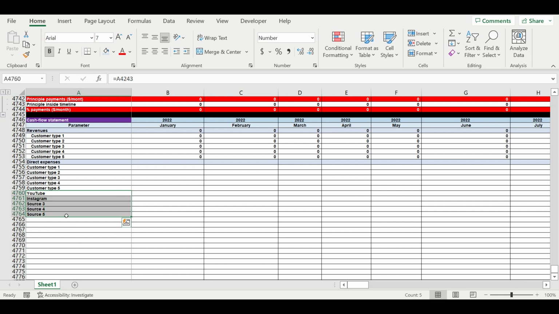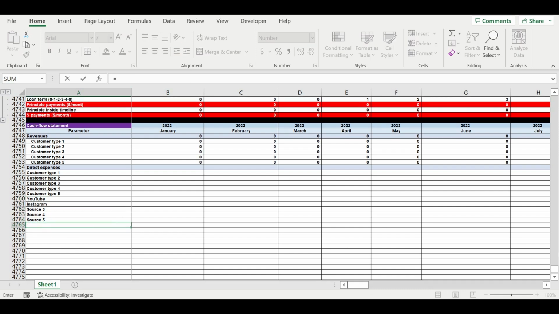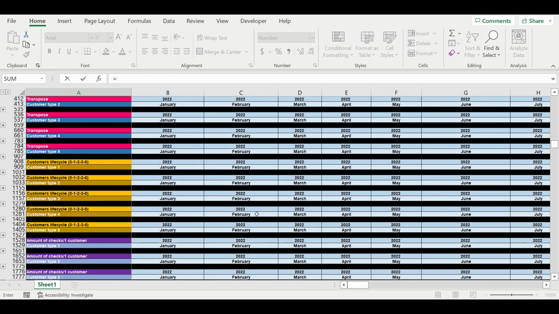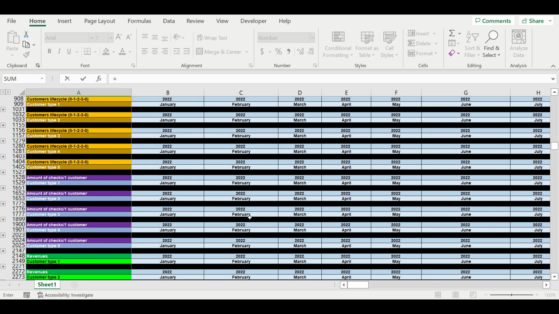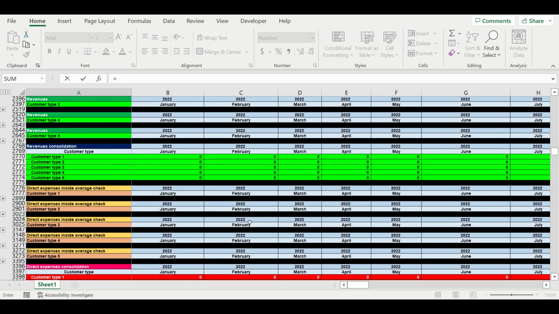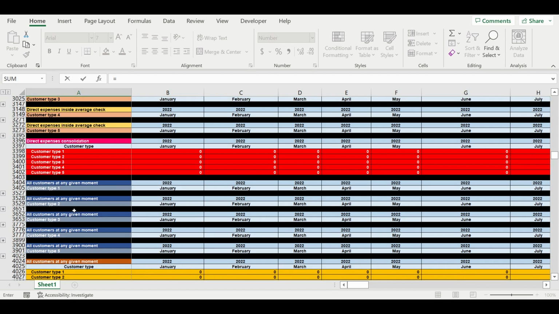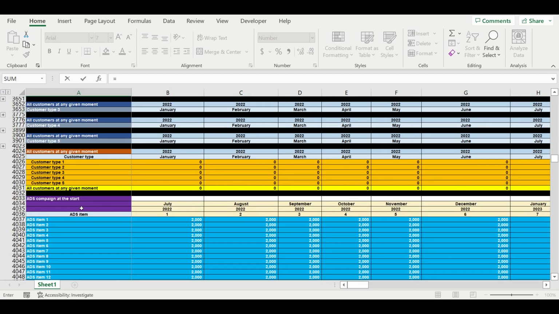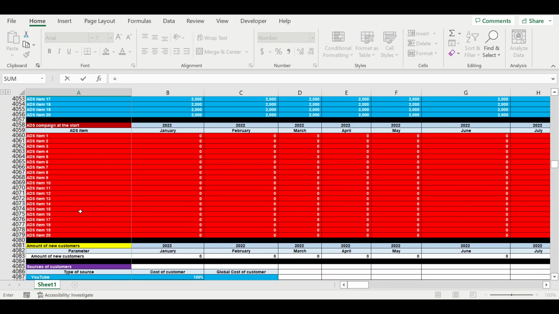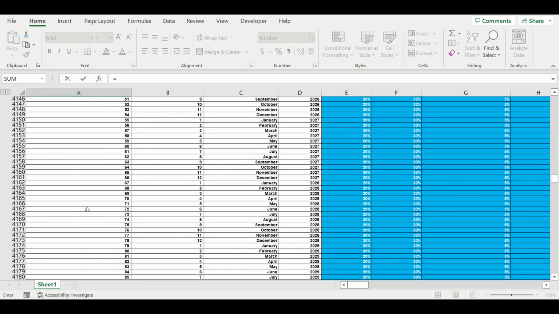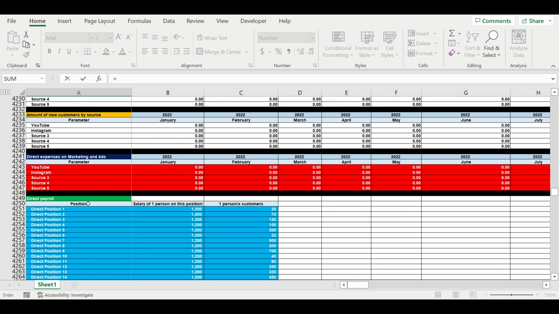Then we also have another group of direct expenses that are linked to the amount of customers at any given moment inside our project. So advertising, we've just mapped these expenses.